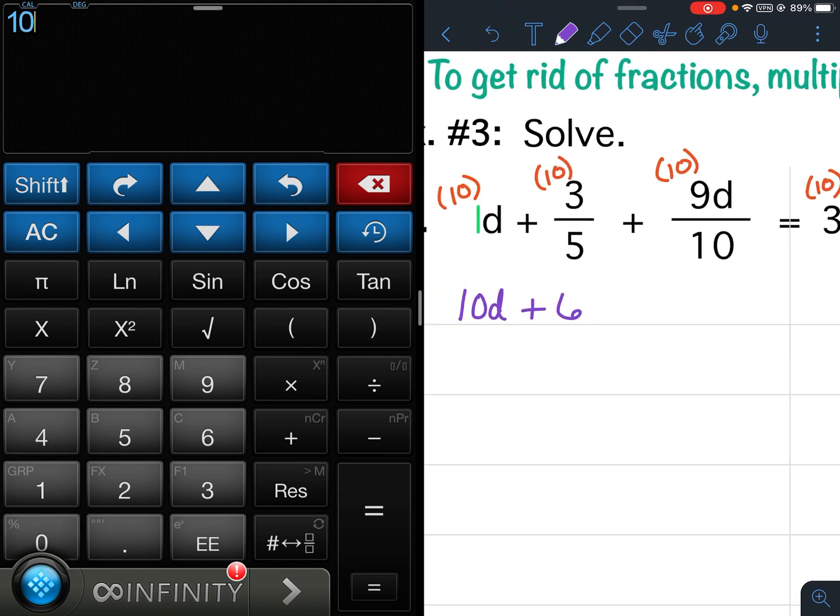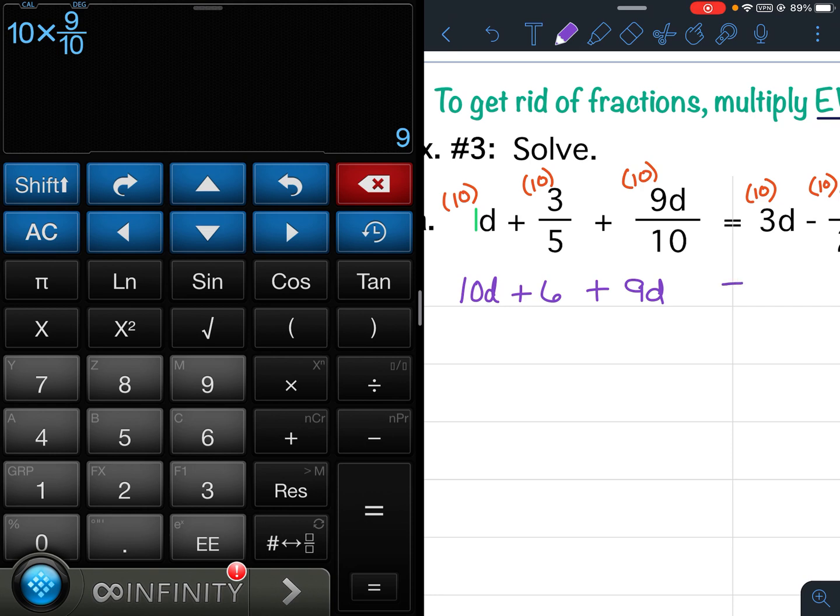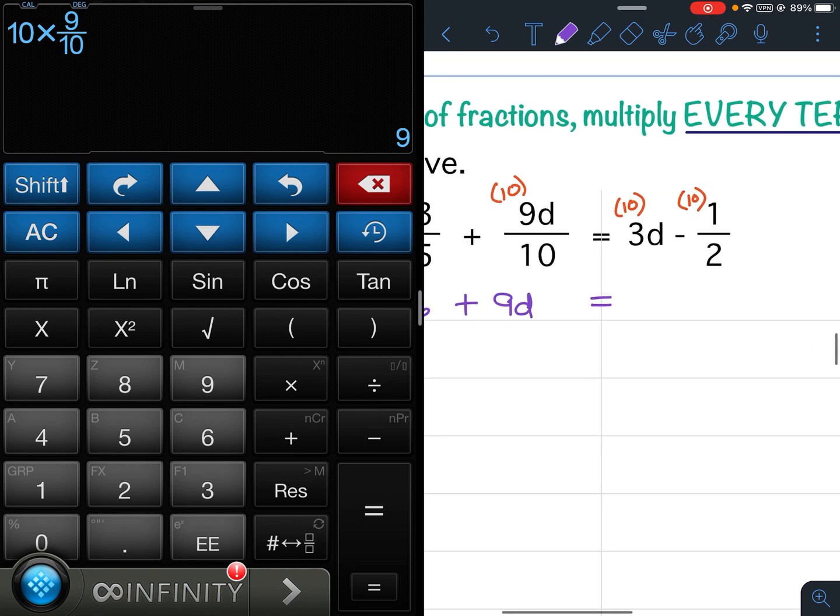Then I would take 10 times 9/10. That is 9. And then don't forget the D. All right. On the other side of the equation, I'm taking 10 times 3D. 10 times 3 would be 30D.